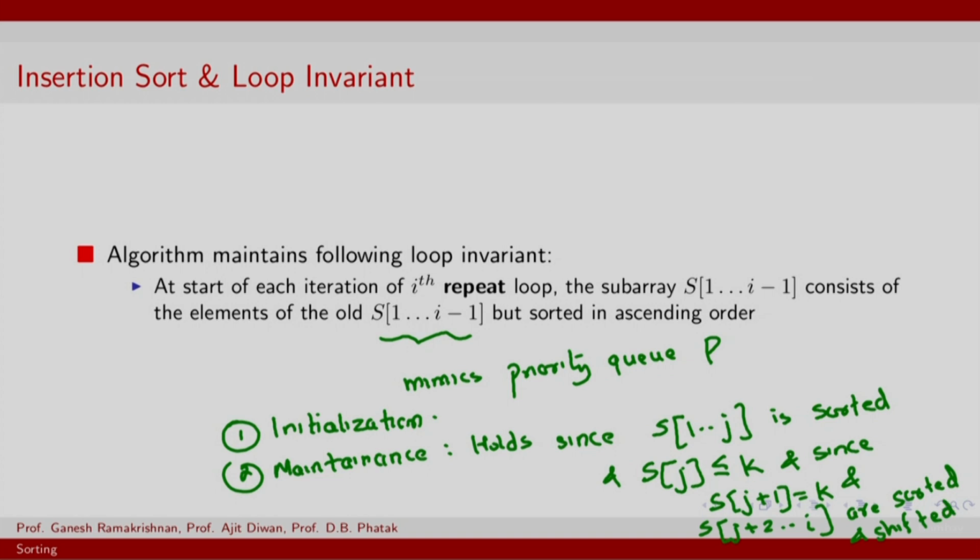And they were all found to be greater than k. So this ensures that maintenance holds. The third property is termination. Again, this is very easy to verify. Typically it is the maintenance property that requires some work.